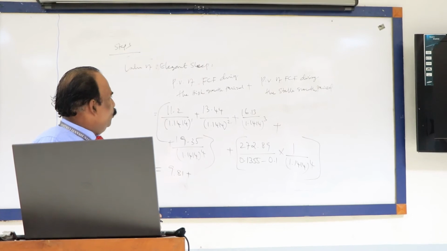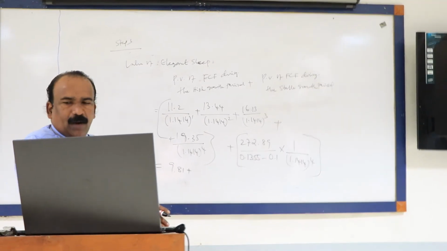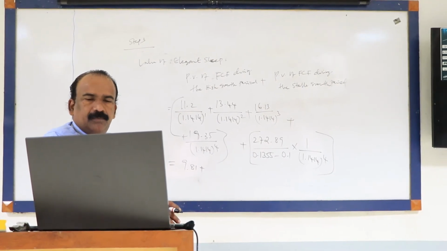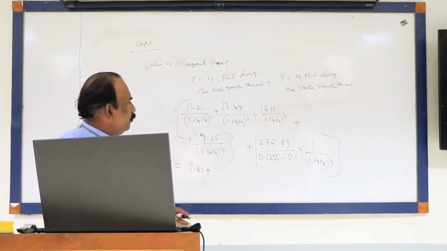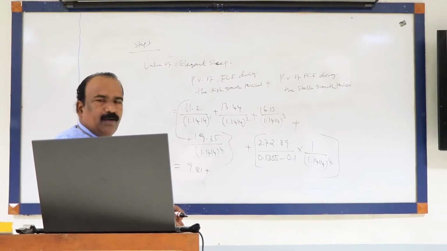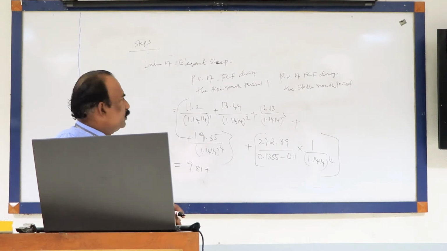So 11.2 divided by 1.1414 to the power 1 comes to 9.81. Next one, 13.44 divided by 1.1414 to the power 2.